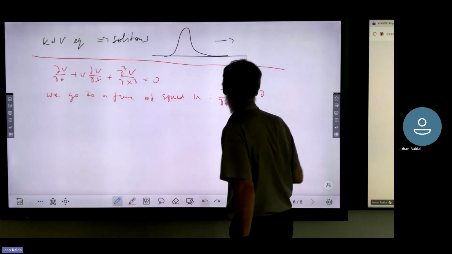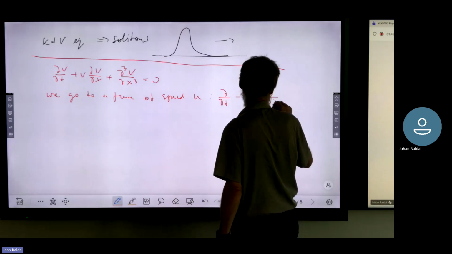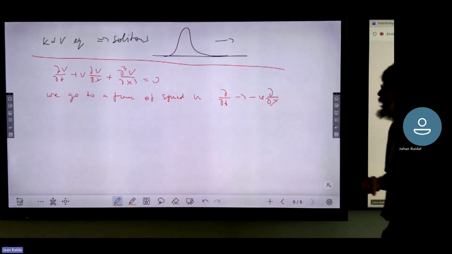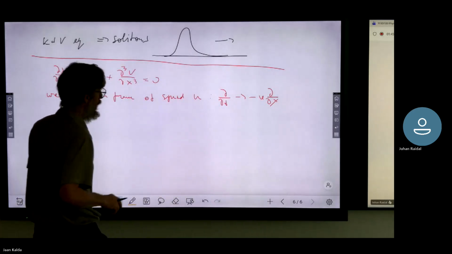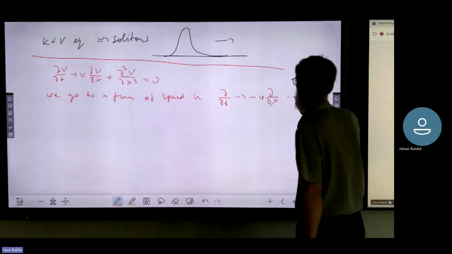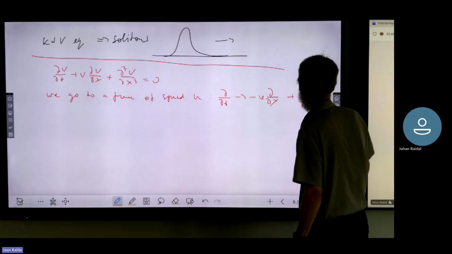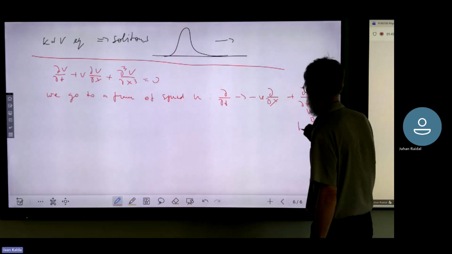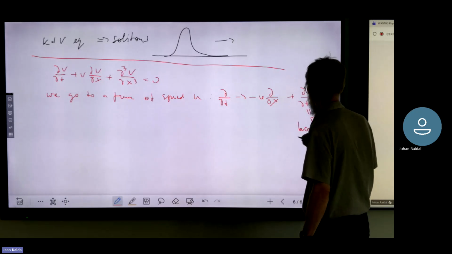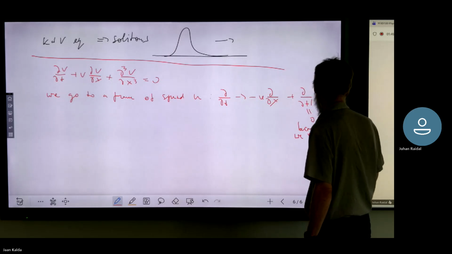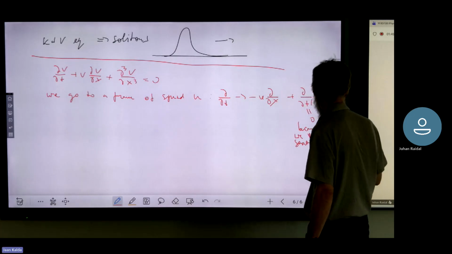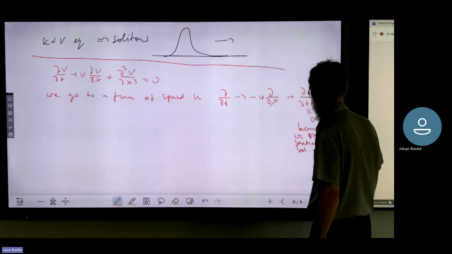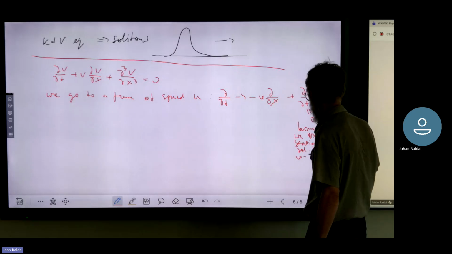In that case, d over dt prime equals 0, because we expect a stationary solution in the moving frame.